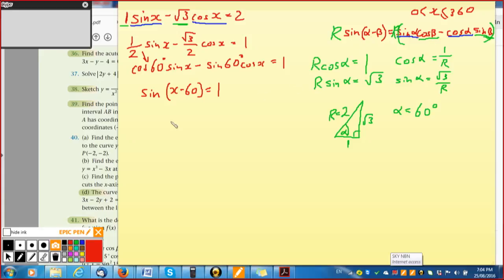Got it? Now, what would x minus 60 actually be? It would be the inverse sine of 1, right? Which ends up being what angles? Yes, 90. Yep.